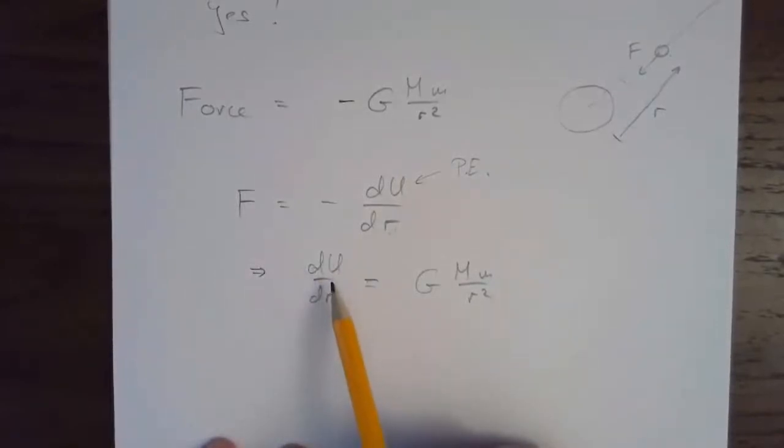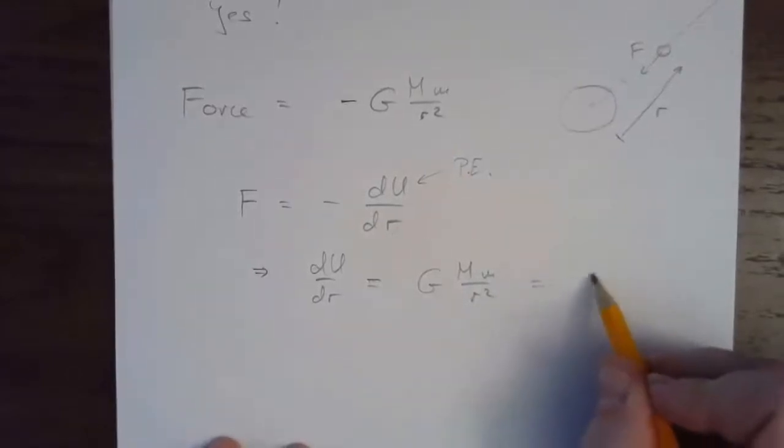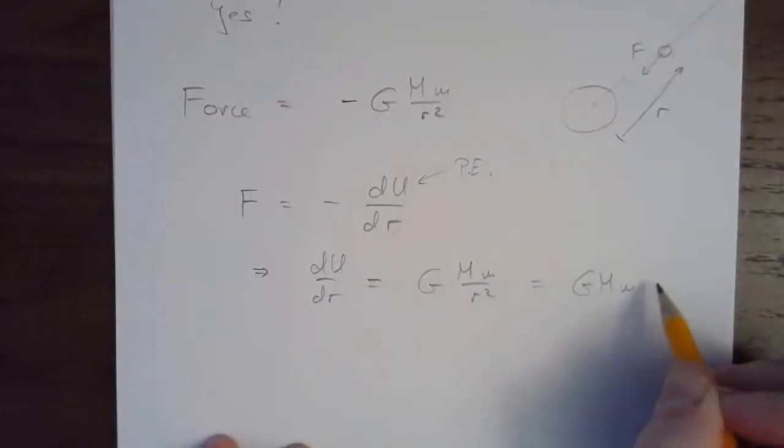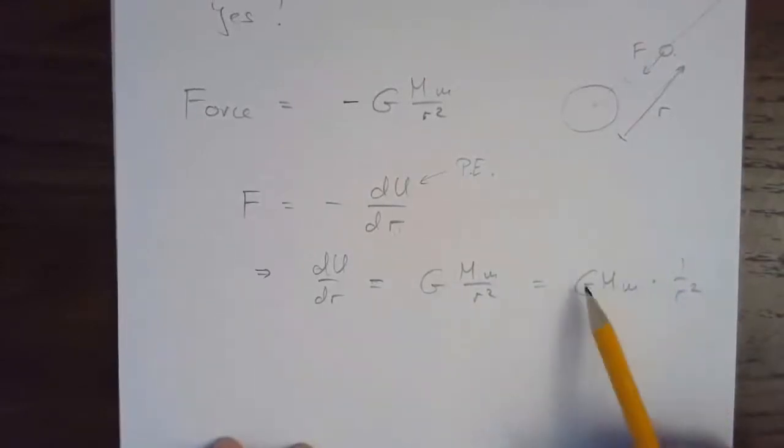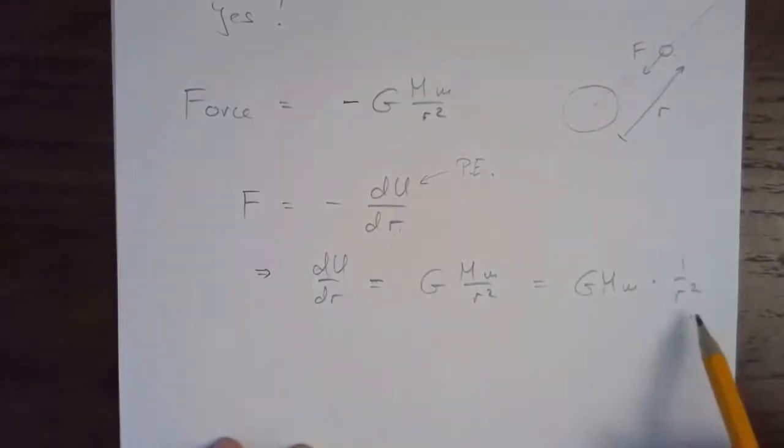Really all we have to do is find a function U such that its derivative is this. Right, now this I can actually write in a way that's kind of less confusing. It's some constants times 1 over r squared. So what function differentiates to 1 over r squared?